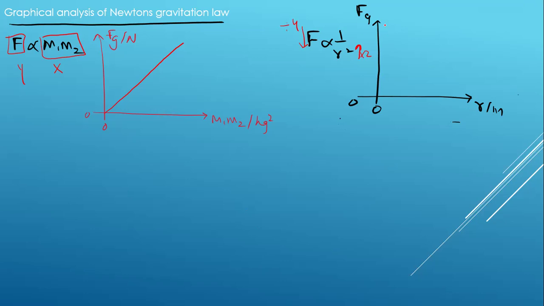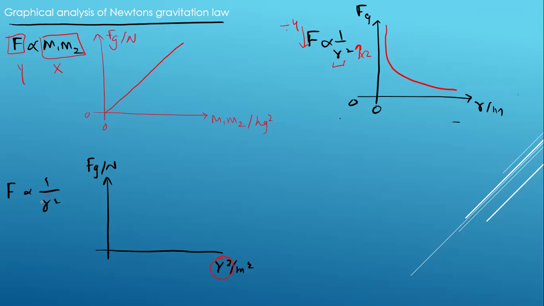It means it would be a very steep fall, just because here is r square and you have plotted r. The next graph is again the same, but this time you have plotted r square. So if r square decreases 2 times, then force will increase 2 times, or vice versa.